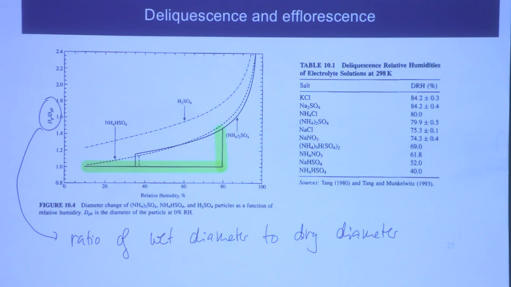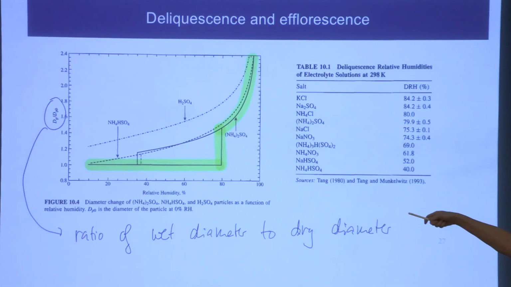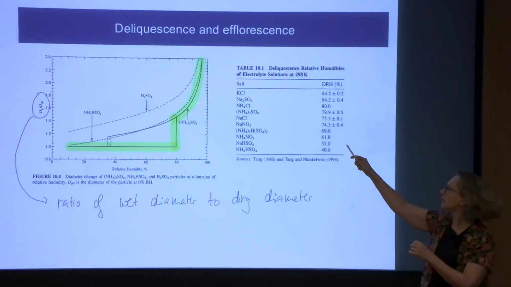And as you increase the relative humidity higher, this diameter ratio increases quite steeply. So the particles are dry until you hit 80%. That's the deliquescence relative humidity for ammonium sulfate. And then they grab water very rapidly or efficiently and grow quite a lot.